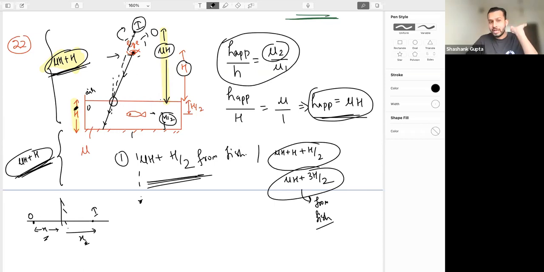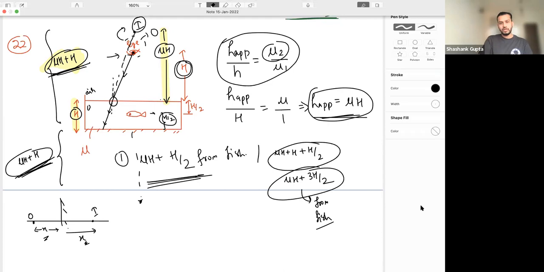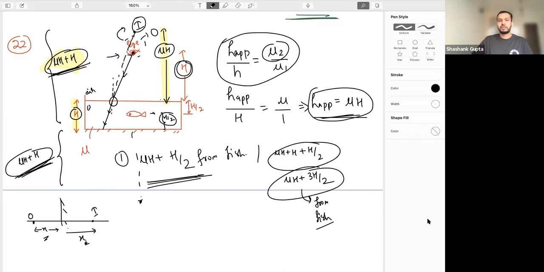No. This h is not involved while calculating this mu h. What is involved? This h. But from where you are seeing, where the fish is, the final distance of the image from the person who is seeing will depend upon that. Now is the whole story clear?